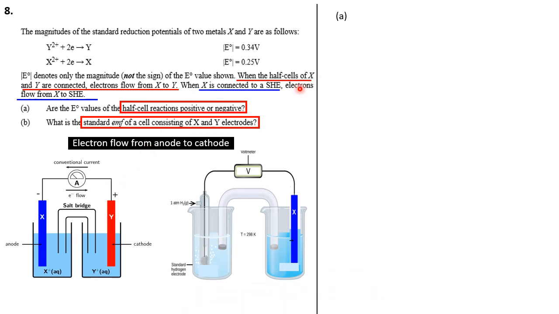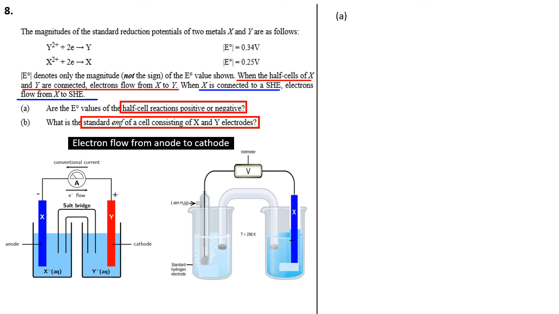So first, when the half cells X and Y are connected, electron flows from X to Y, meaning that X is the anode and Y is the cathode. Anode is more negative. Now we check the value for X and Y. X should be more negative.